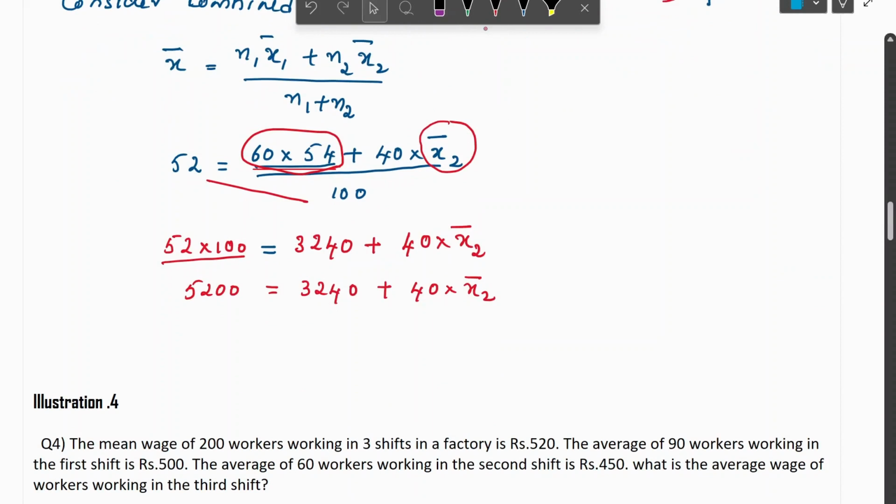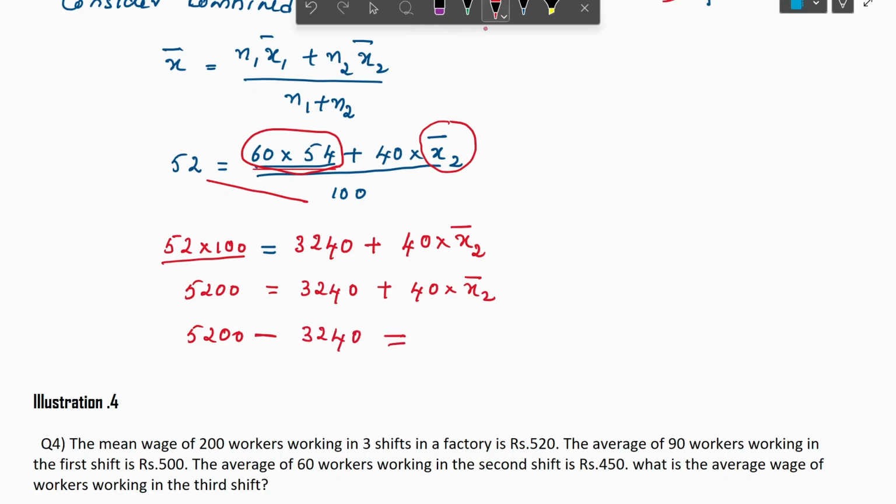Next step, what you're going to do: 5200 I kept it this side, 3240 I'm taking to the other side, that is 3240 equal to 40 into x2 bar. Here two ways you can do it.